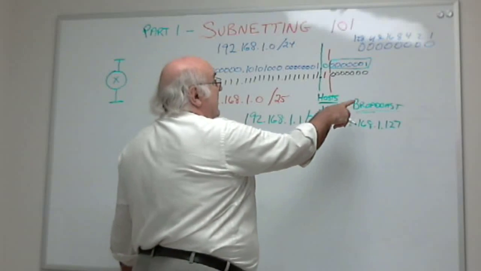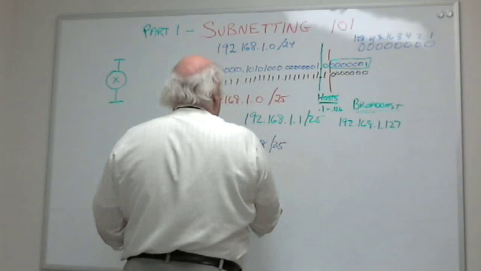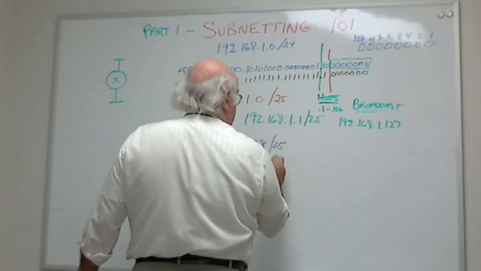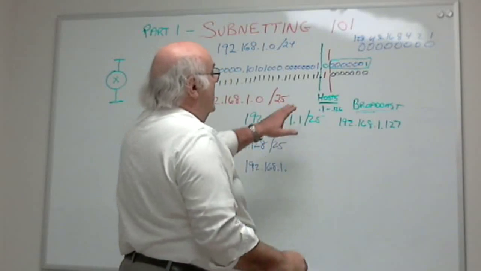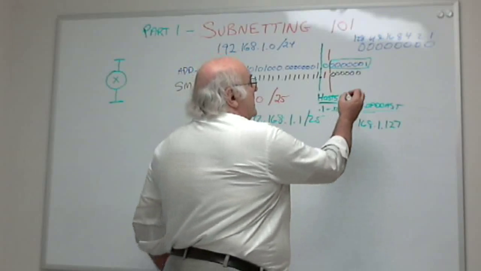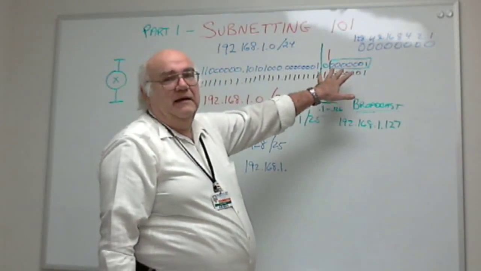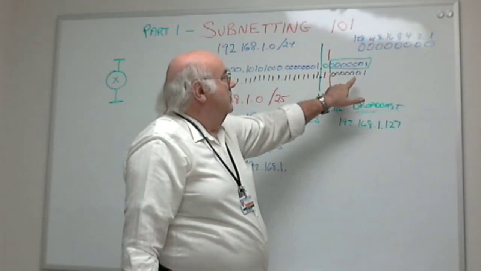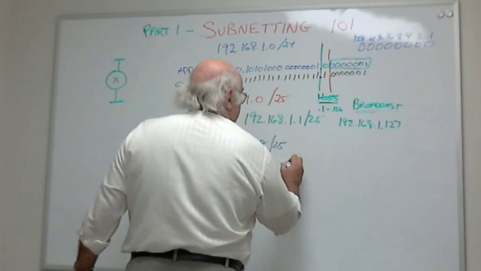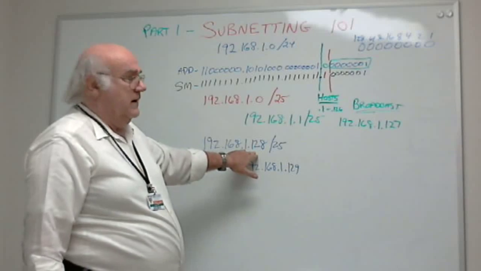My lowest address is 192.168.1.something. I'm going to just turn on that low order bit like I did up there. So if I turn that bit on, what have I got in that last byte? 1 plus 128, 129. My lowest address is always going to be one higher than my network address.